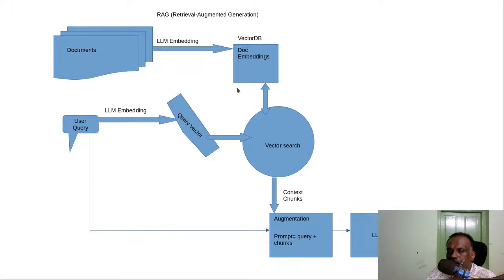The upper part is called the ingestion process, and this is the chatbot or any kind of actual real-time process. In the case of the ingestion process, mostly it is a one-time process unless there is a change in the documents. If there are no changes, it's just a one-time process, and if there are any changes, we have to update it, I mean, do it again.